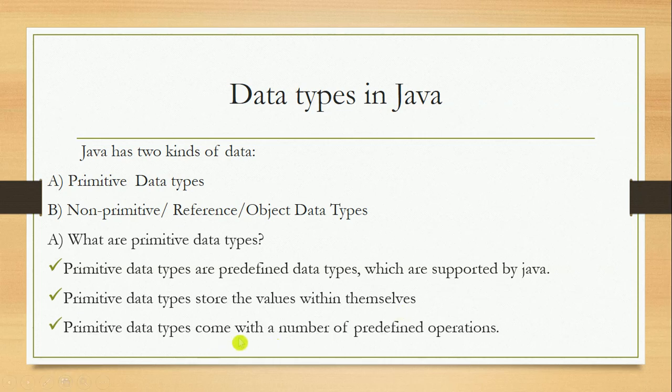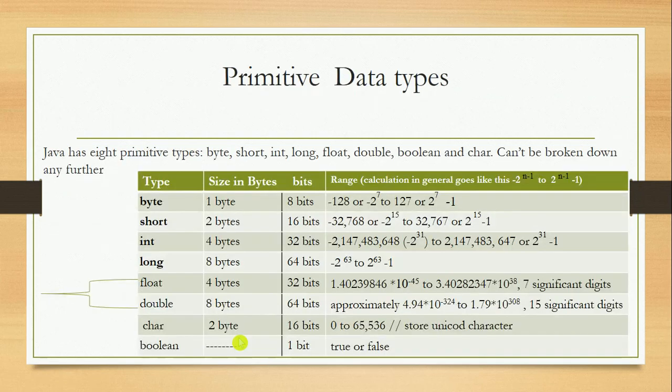Primitive data types come with a number of predefined operations. Java has 8 primitive data types. These are byte, short, int, long, float, double, boolean, and char.